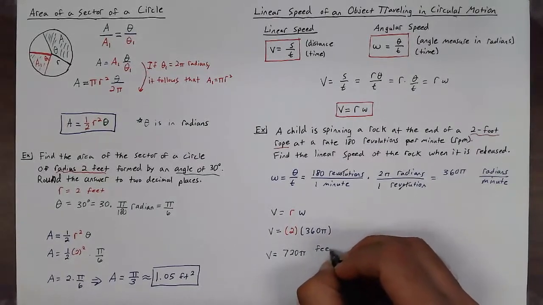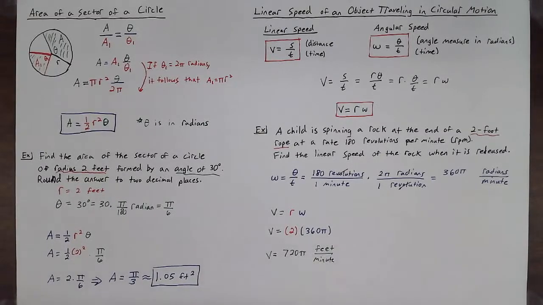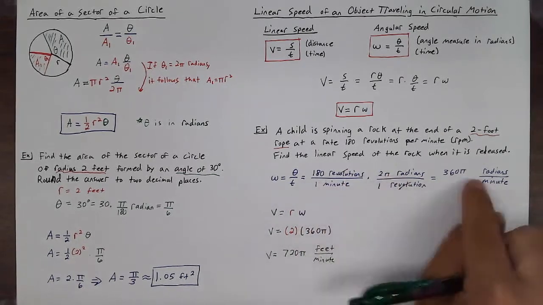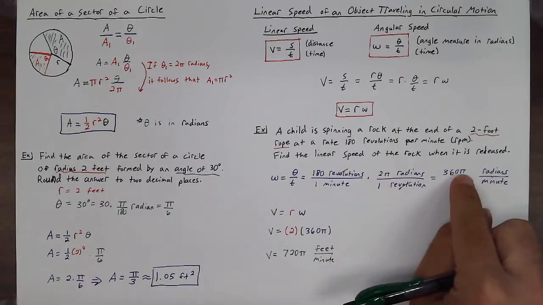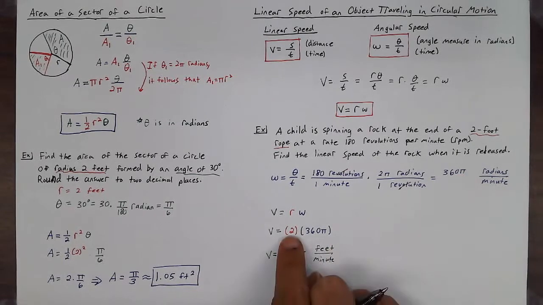Now you may be wondering, where did the radians go? Since radians are based off the arc length, that radius arc length, that angle of 360 pi radians doesn't really have a unit yet. It's virtually unitless. So when I apply this 2 feet to it, it just kind of replaces what that unit was.